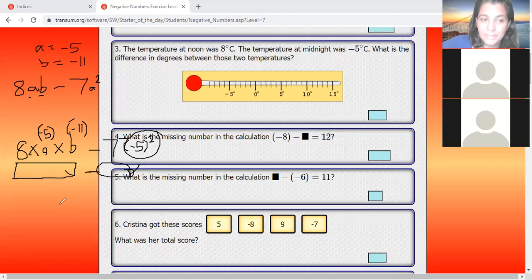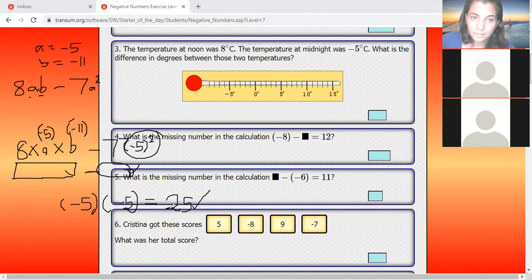Do you understand why negative 5 squared is 25? Because negative 5 times negative 5, negative times negative is positive. 5 times 5 is 25. Do you understand now, guys? Krish? And the rest? Yes, teacher, understood.